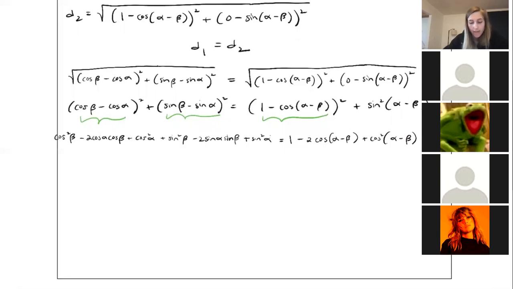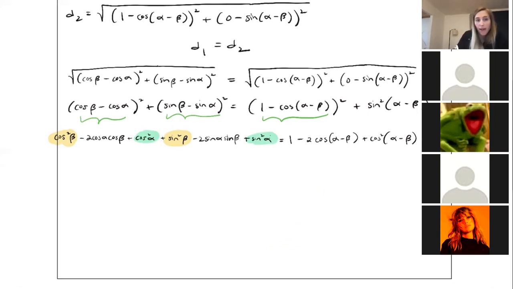From here, we can simplify this really yucky looking statement using our handy dandy Pythagorean identities. Because we have cosine squared beta plus sine squared beta, that's going to be 1. And then we also have cosine squared alpha plus sine squared alpha.